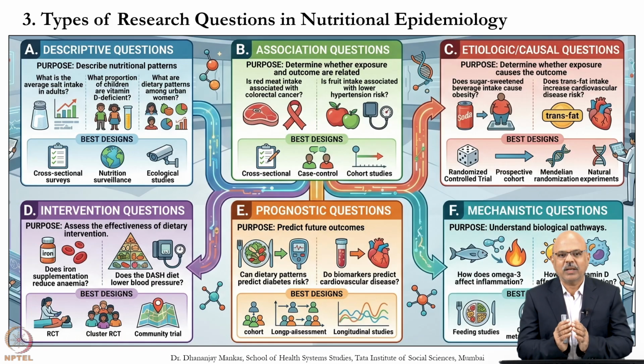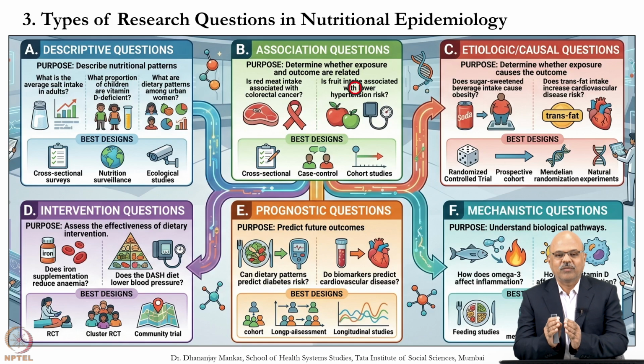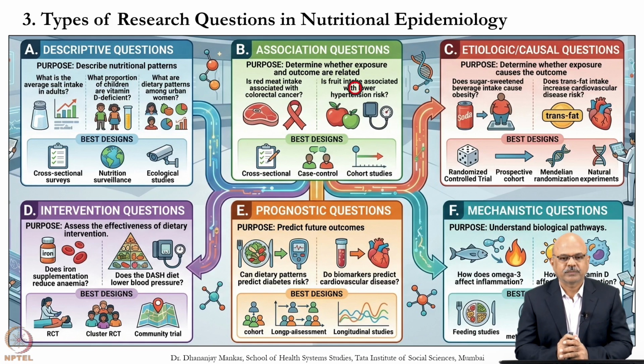Is red meat intake associated with colorectal cancer? So you can find there is an association which is being questioned. Also, is fruit intake associated with lowering the hypertensive risk? Very important. This can be seen in some way as the questions being further stated as hypotheses.